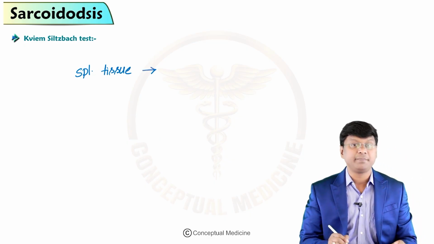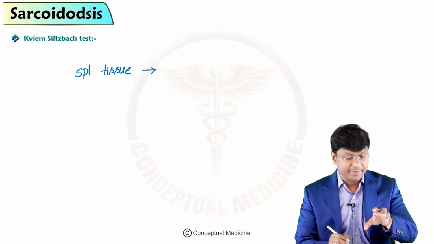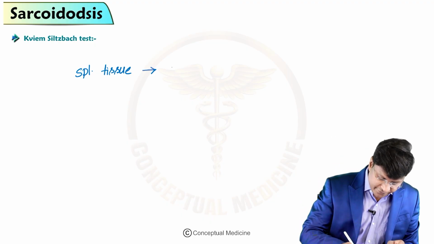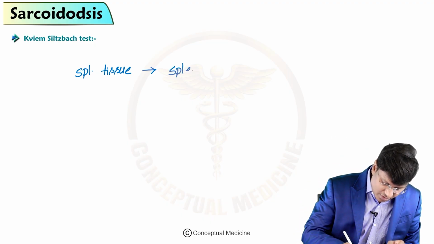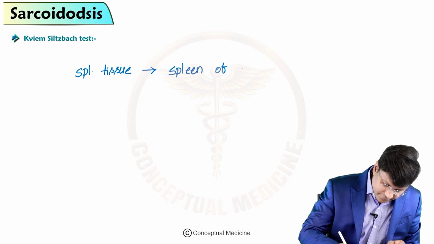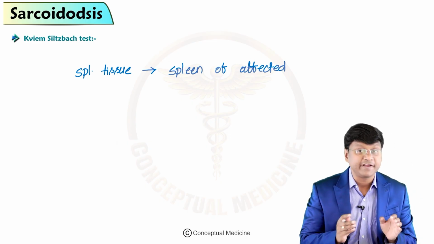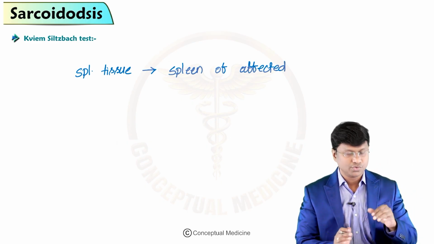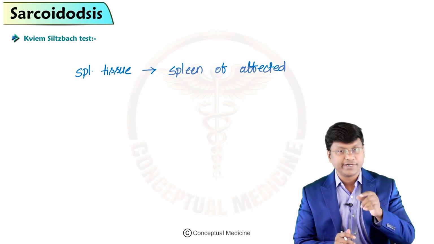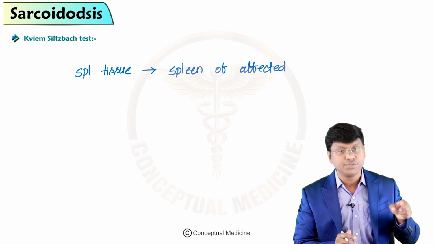A specially prepared tissue, and this specially prepared tissue is derived from the spleen of an affected patient with sarcoidosis. From the spleen of an individual who is suffering with sarcoidosis, you take out some tissue.